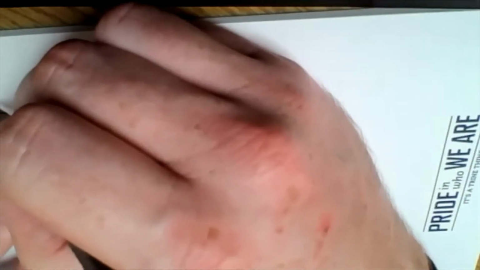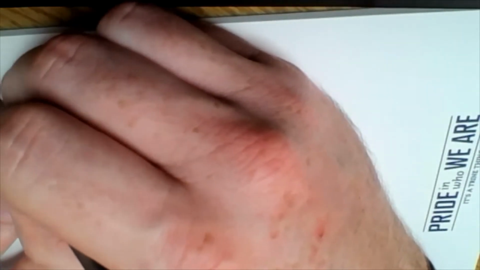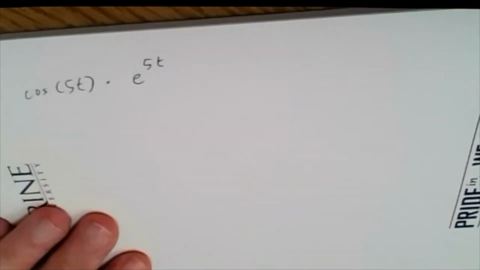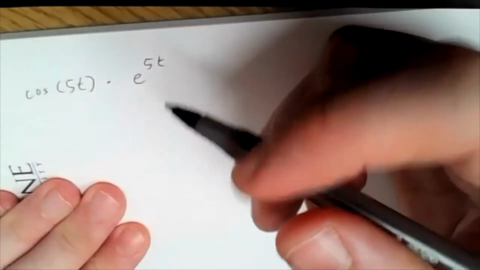Problem after this, another problem with the variable t. We have the cosine of 5 times t times e to the power 5 times t. This is a product rule problem.